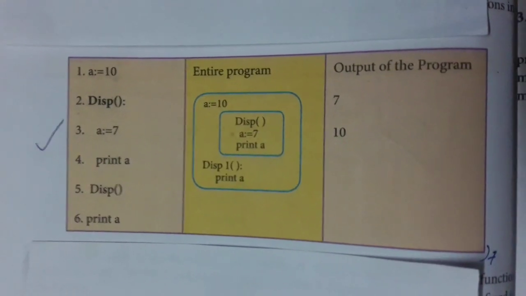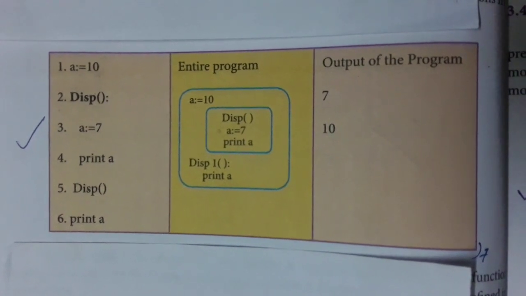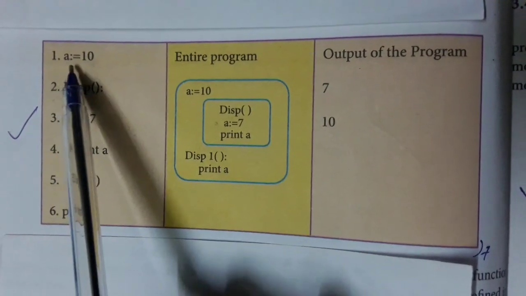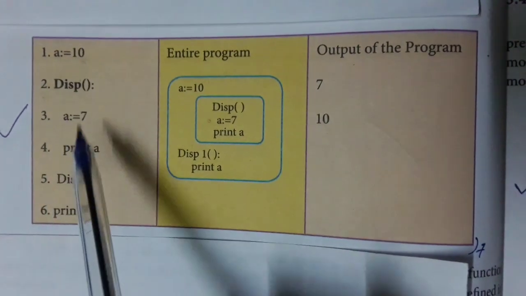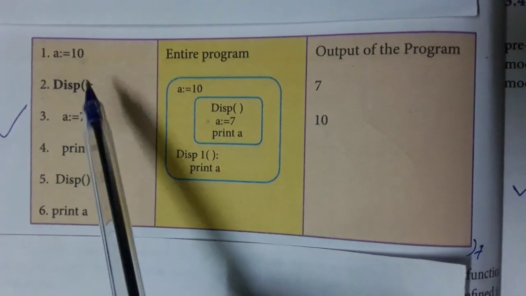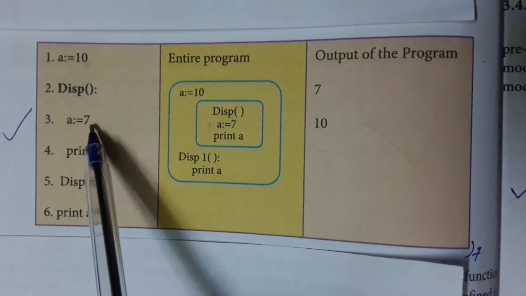Second one is the global scope. The variable which is declared outside the function. See in this example, A is equal to 10. It is declared outside the function. Here disp is the function. Inside the function, another variable is declared with value 7.